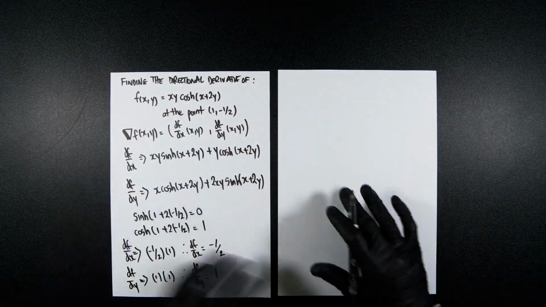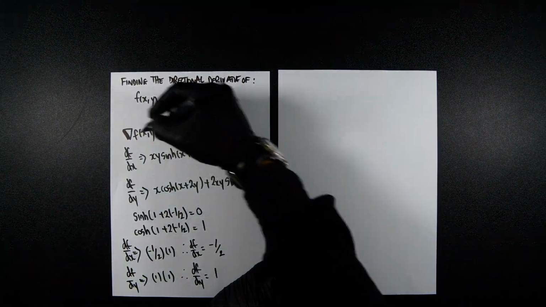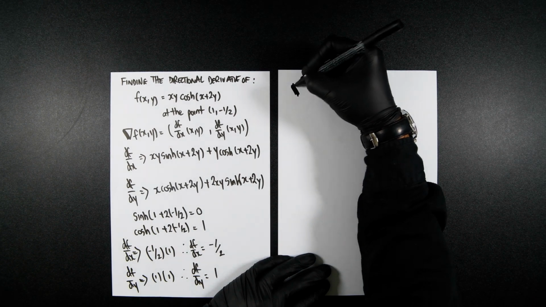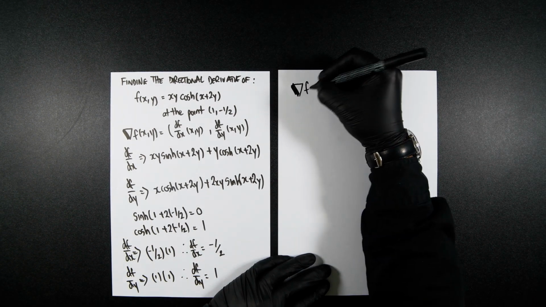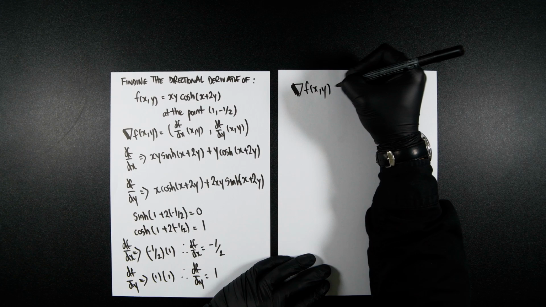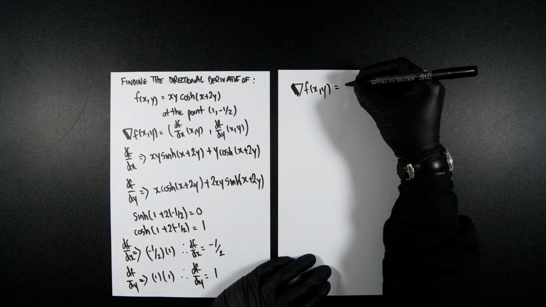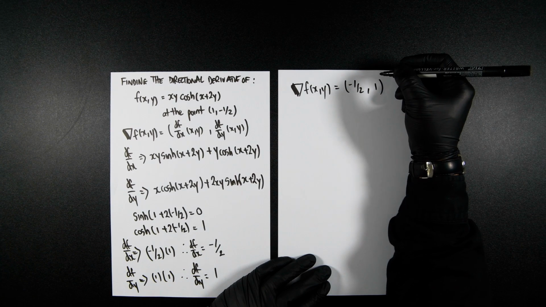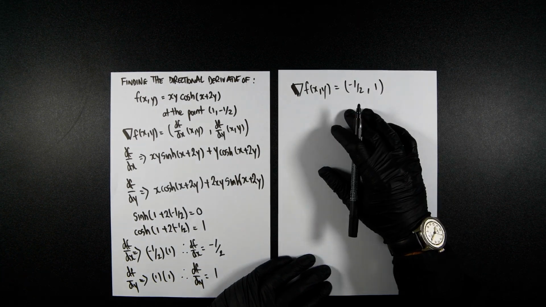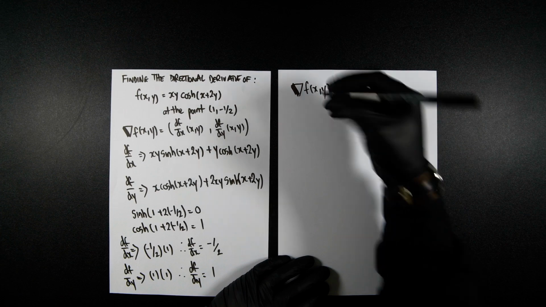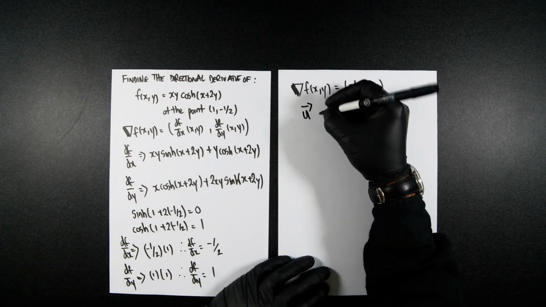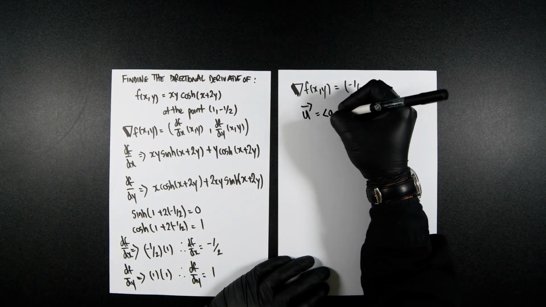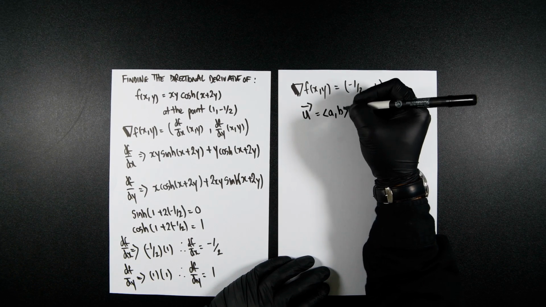We're not completely done just yet. So this here, f(x,y), would be minus a half and 1. However, we need to now think about unit vectors. So we know that u is equal to (a, b).